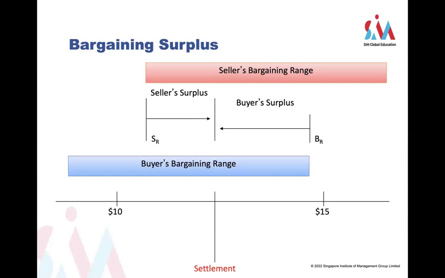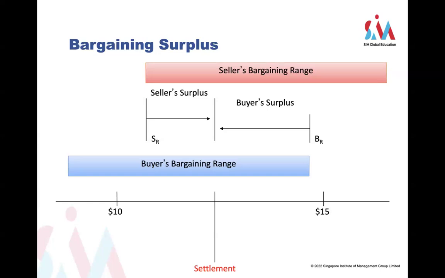Similarly, if the buyer is willing to pay up to $14 for the product, but manages to get it at $12.50, the buyer also gets a surplus of $1.50. So basically, the surplus is the amount of money on top of your reservation point.